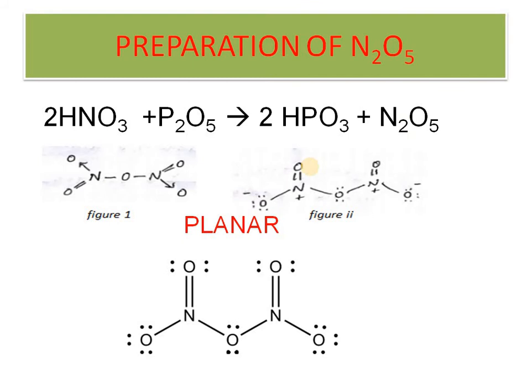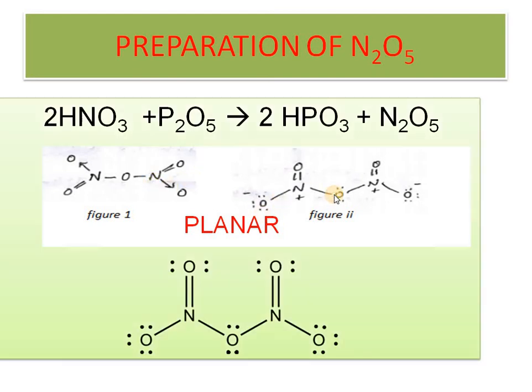So you can check the number of bonds: 2, 2, 4, 5, 6, 7, 8. Absolutely correct. So this way we have to calculate and accordingly check. And you can draw with the help of NO2 also. The NO2 structure is the same, combined with the oxygen. From that also we can derive the structures.